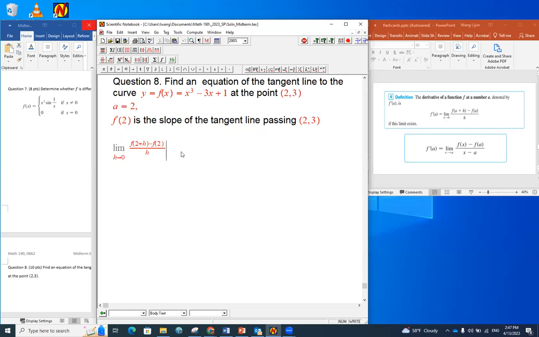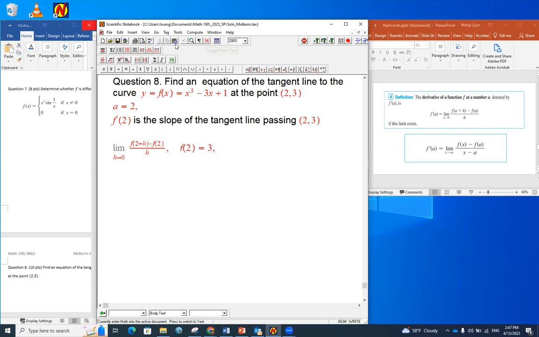We use the definition. f of 2, of course, is 3, because that point is already given. If you plug in, you're going to get 3 for sure. What is f of 2 plus h? Just plug in, right?